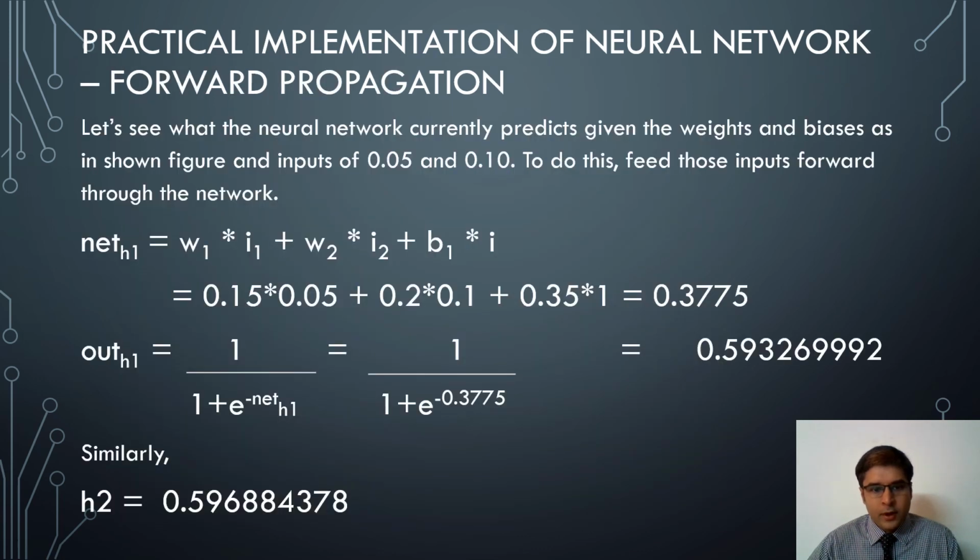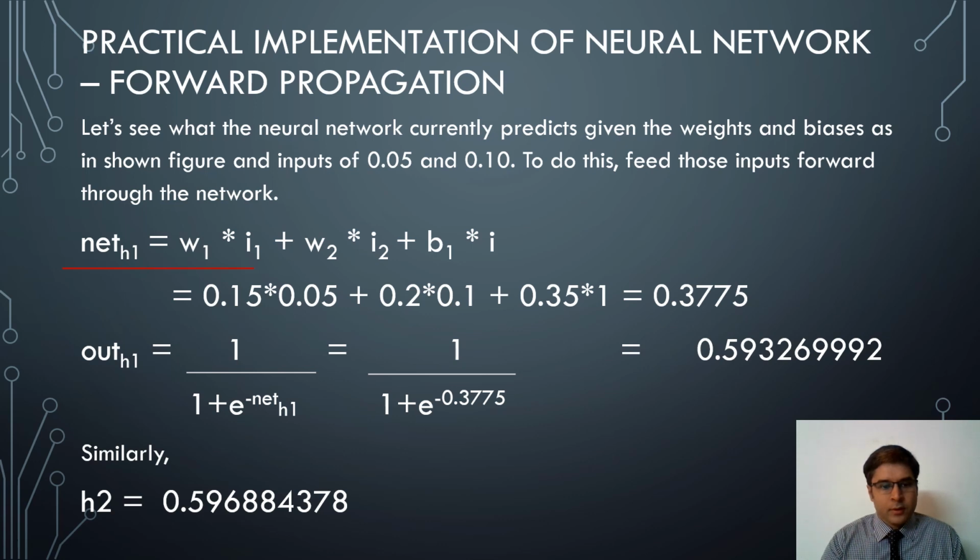Let's see what the neural network currently predicts given the weights and biases in the shown figure and inputs of 0.05 and 0.10. To do this, feed those inputs forward through the network. So what will be the summation output for net H1, that is node H1 in the hidden layer?